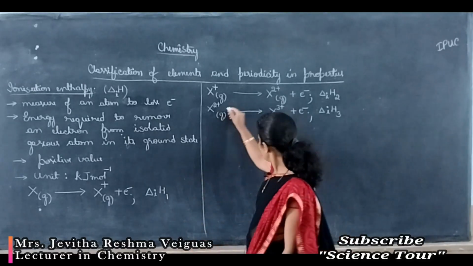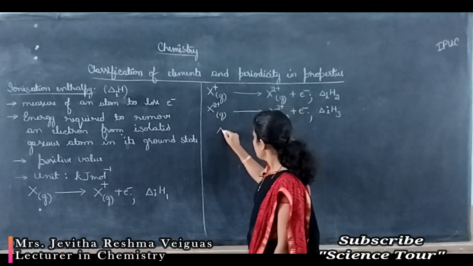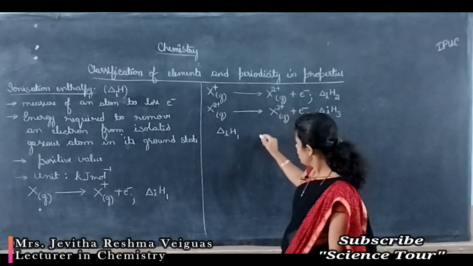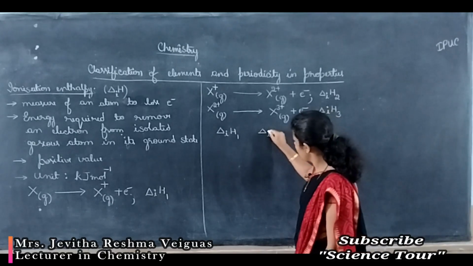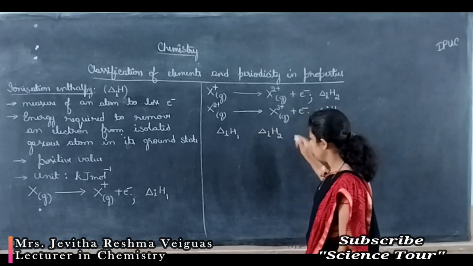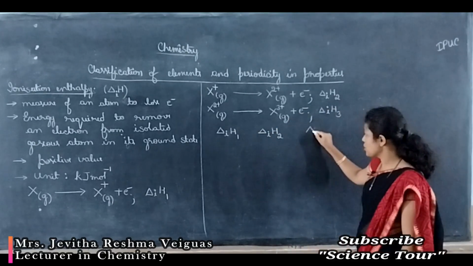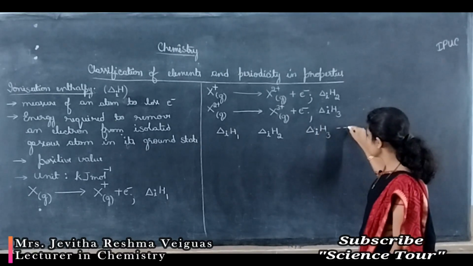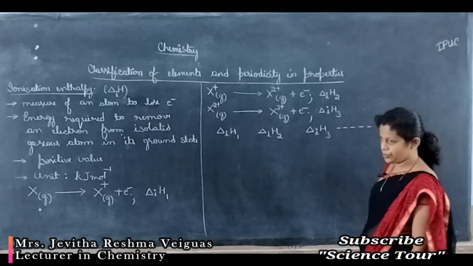Now let's compare the values of first ionization enthalpy, that is delta IH1, second ionization enthalpy, that's delta IH2, third ionization enthalpy, that is delta IH3, and the successive ionization enthalpies.